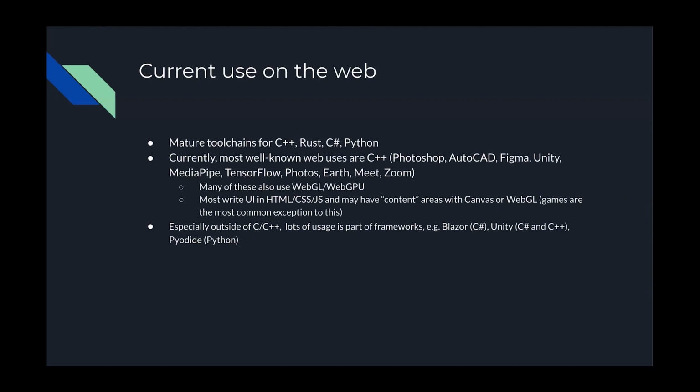Pyodide is a port of Python to the web that you can go and, they have REPLs and various ways to bring data analytics and things that are popular in Python. Because of course, you need more than just a compiler to make a language, to make an app, right? So a lot of these have other things that are packaged together with the implementation.